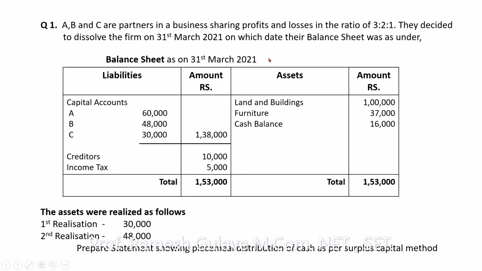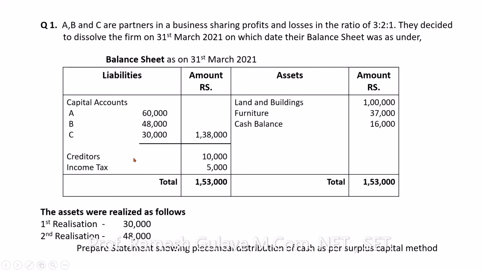Here in the balance sheet, on the liability side, we can observe the capital balances, where A's capital is 60,000, B's capital is 48,000, and C's capital is 30,000. So the total capital of partners is 1,38,000. Then liabilities include creditors and income tax.